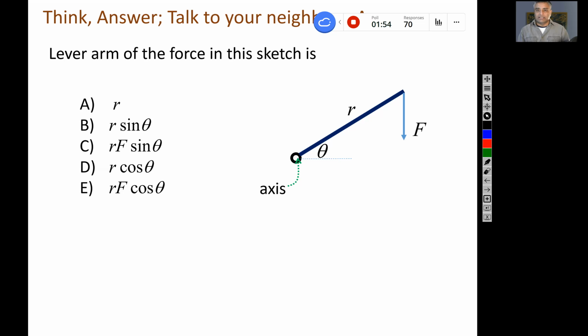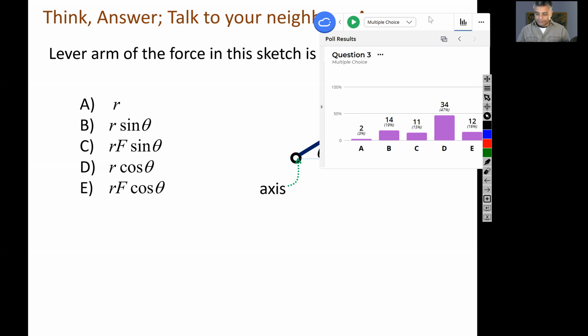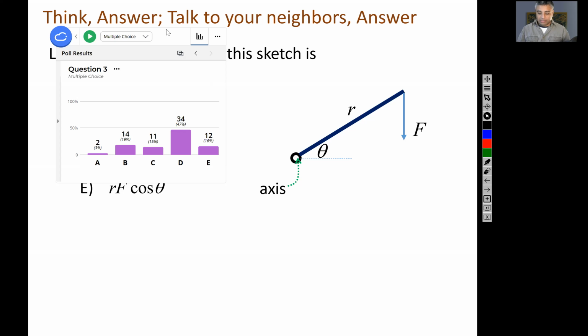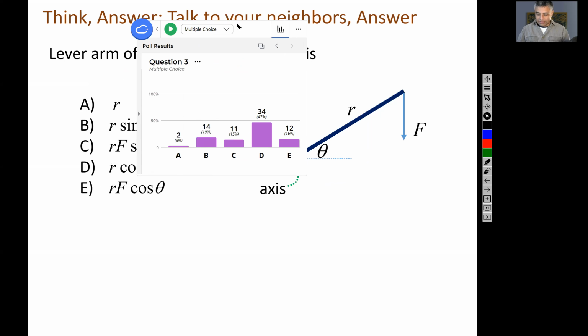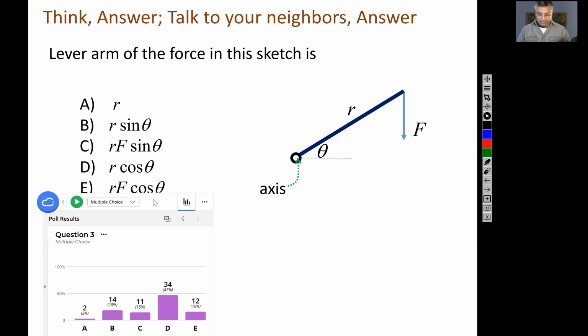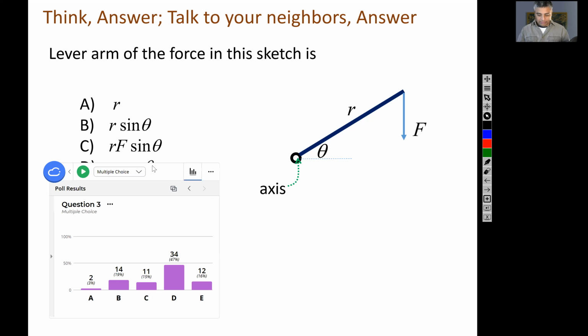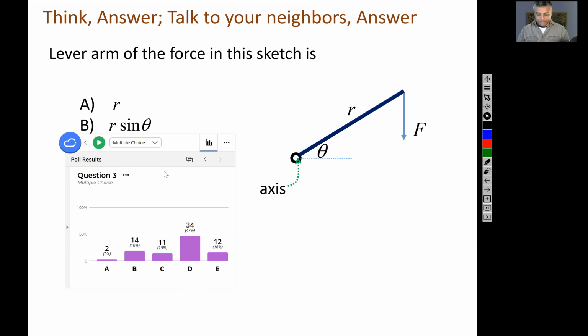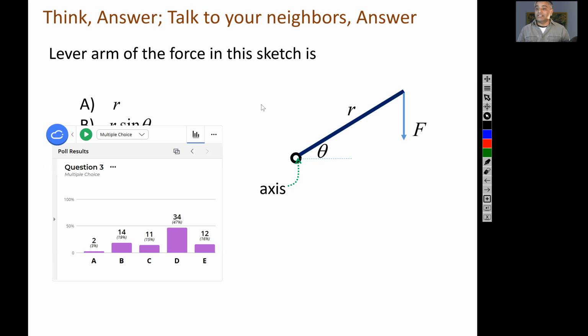And 5 more seconds. 5, 4, 3, 2, 1, and it stops. Okay, let's see what we got. Looks like we need a little practice here, right?